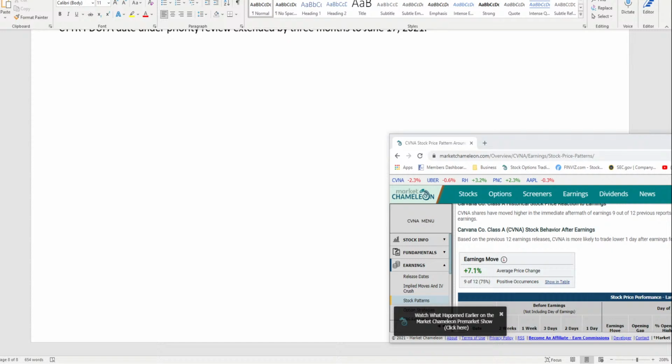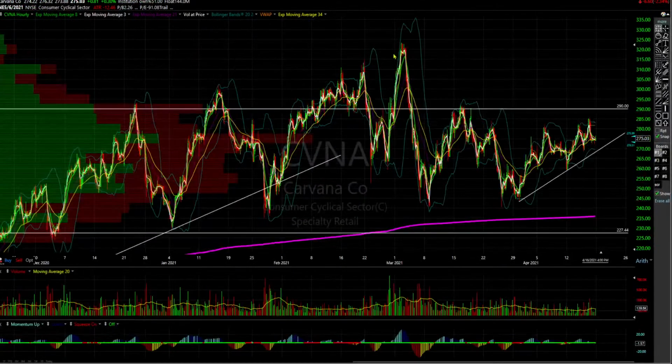You've got a lot of people between 273 and 276, so you want to stay above there. Another way you could do this is check out this trend line. You want to stay above this trend line right here.